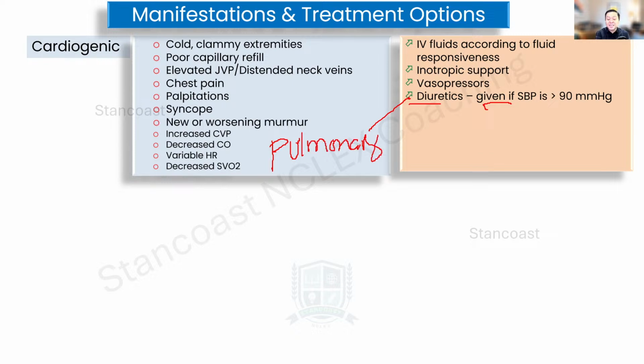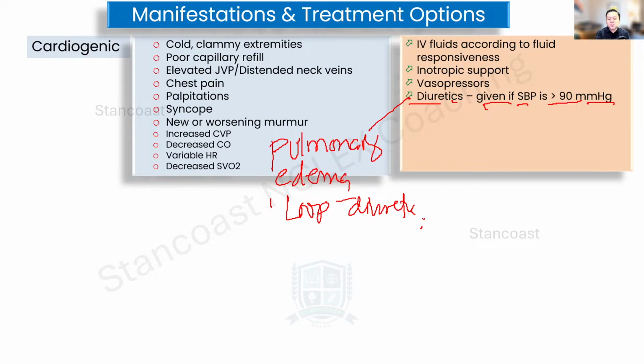If there is a need to get rid of those excess fluids from the lungs, or if there is congestion in the circulation, then we're going to have to administer the diuretic, especially the Lasix, which is the potent loop diuretic. All right, loop diuretic. Now, you're only going to give that if the systolic blood pressure is greater than 90 mmHg.